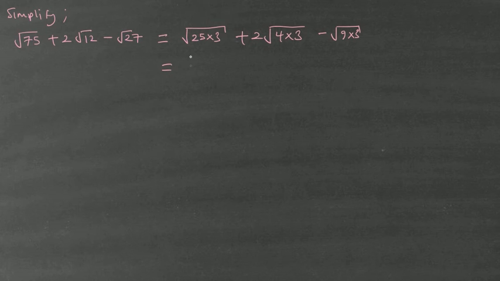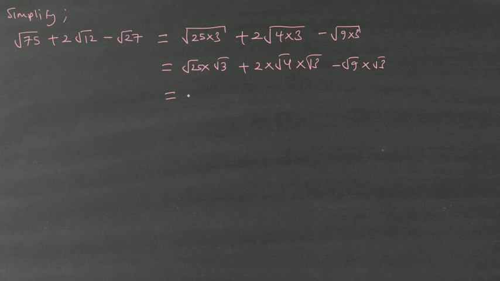So this one is the same as square root of 25 times square root of 3 plus 2 times square root of 4 times square root of 3 minus square root of 9 times square root of 3.